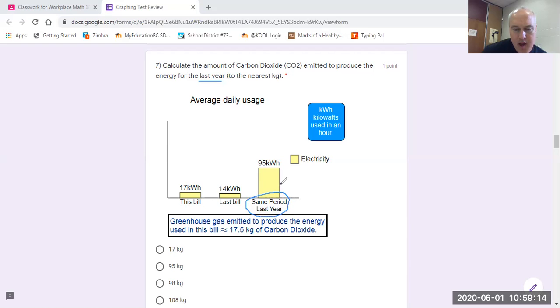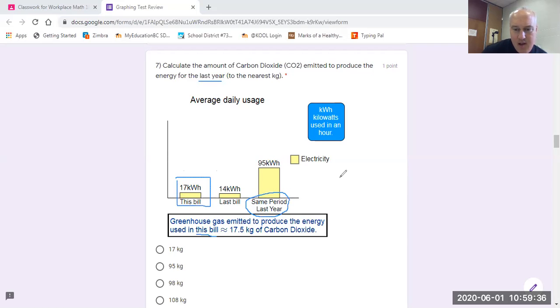So this is what we're looking at. And what we see here is that it's 95 kilowatts that we have used last year at the same period. Now, it also says the greenhouse gas emitted to produce the energy used in this bill, and this bill is the 17 kilowatts, is producing 17.5 kilograms of carbon dioxide.